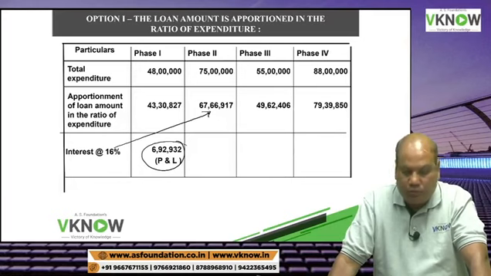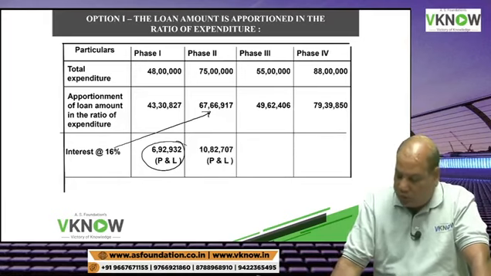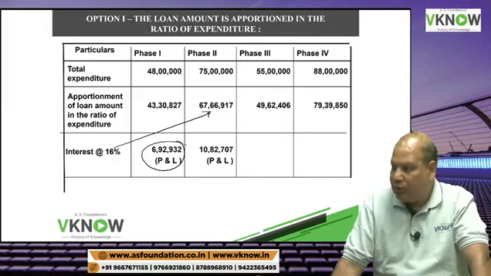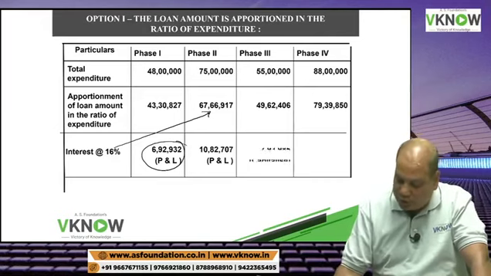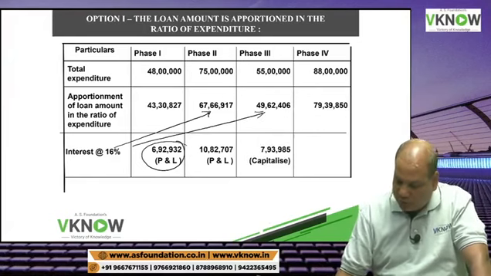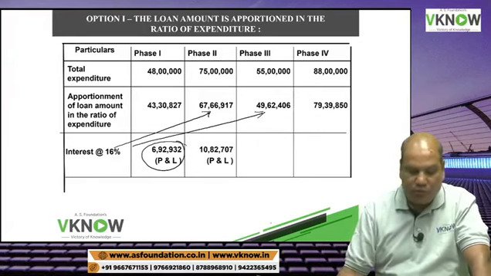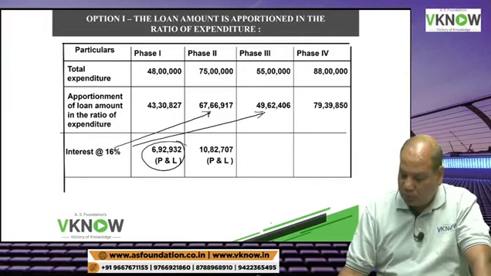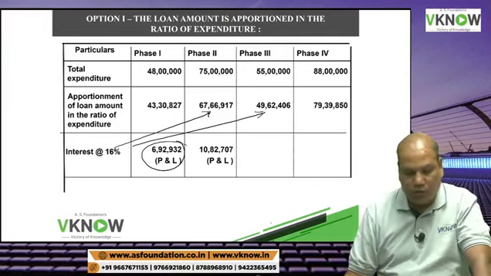Interest on phase 2 is 10,82,707. Now you try phase 3: 49,62,406 into 16%. Come on.